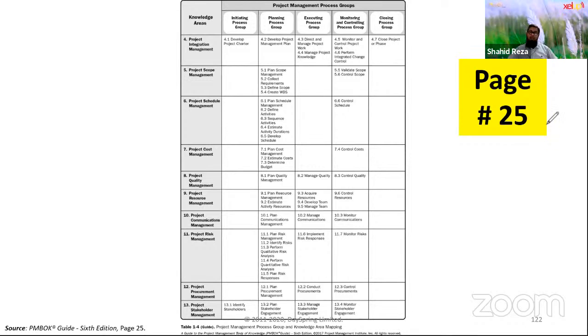You will use that as input, but there is no process. Okay, there is no process, but you will get all planning process inputs here. In execution, you will see everywhere you will get the inputs.